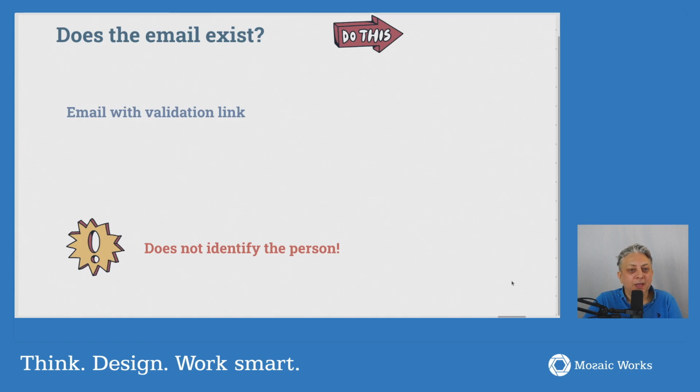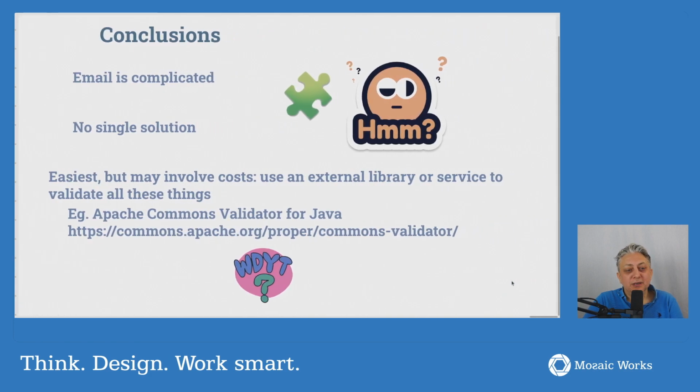You need to pay attention to this sometimes. In conclusion, email is complicated, right? There is no single solution, and it depends a lot on what you are trying to do. And I believe that the easiest way, but the way that might involve costs, is to use an external library or service to validate these things.